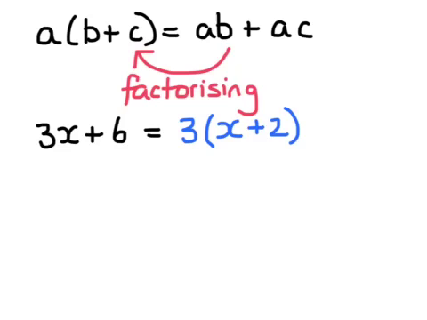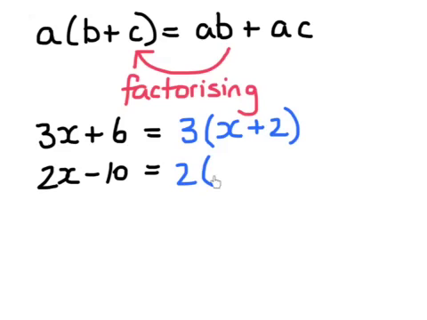Let's do a second example with a minus sign: 2x minus 10. Again, I look at the two terms, 2x and minus 10, and ask what divides into both, or what comes out as a factor. 2 goes into both, so I bring 2 out as a factor, open the bracket and work in reverse again.